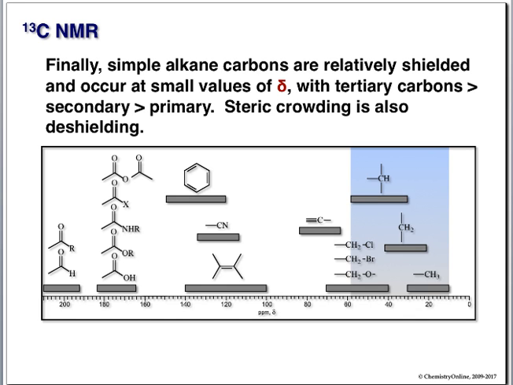The more stuff you put around the carbon or close to the carbon, the higher the shift tends to be. So this is our basic range. We're going to look at these guys. Again, carbonyls down here, double bonds more or less in the middle. These are next to electronegative groups, and simple carbons down here at the bottom. Any questions?